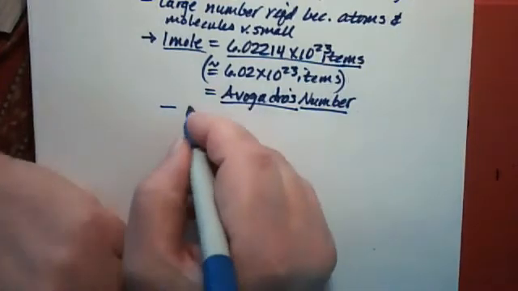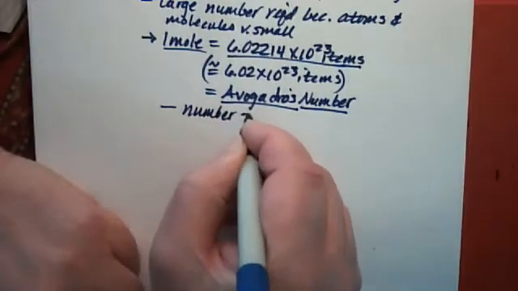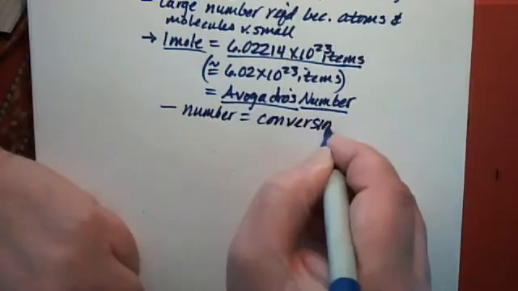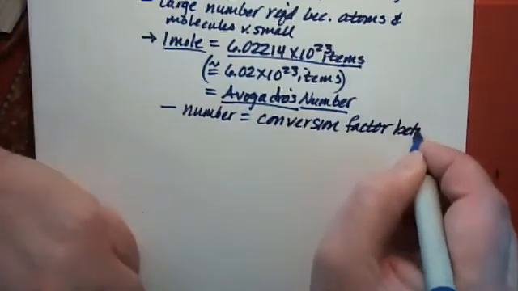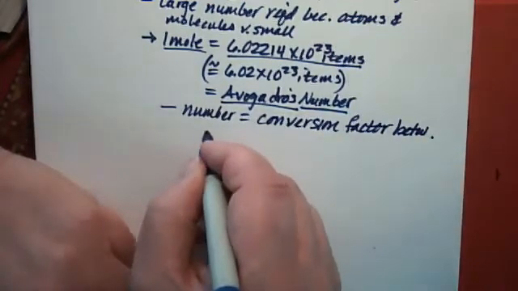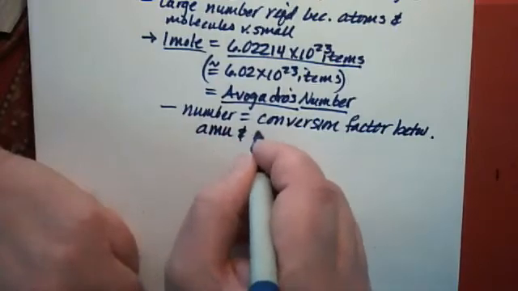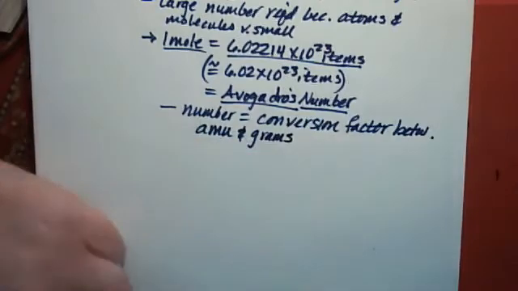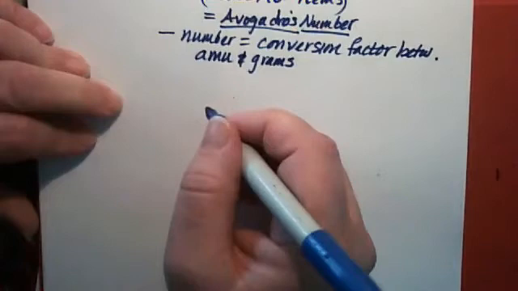Well, the reason this number was chosen is that it's the conversion factor between atomic mass units and grams. Okay, so that makes this a very important number and a very convenient number.